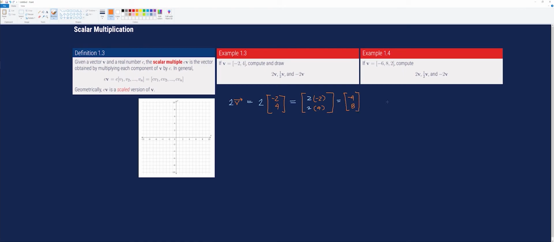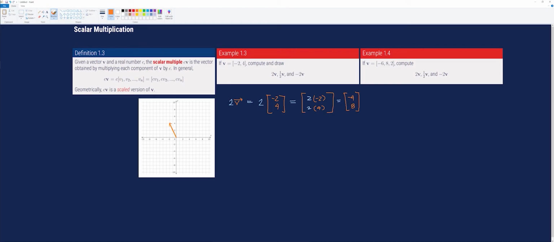If we try to do this geometrically, let's first illustrate the vector v, negative 2, 4. It's somewhere here. Let's use another color. We start from the origin and draw an arrowhead. So this is vector v. Now, the new vector, which is -4, 8, we will try to illustrate.